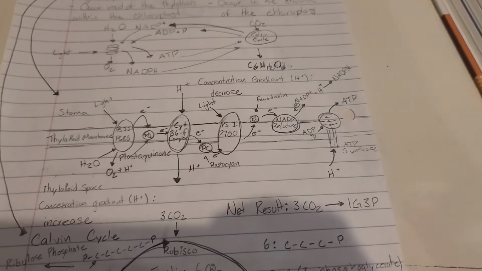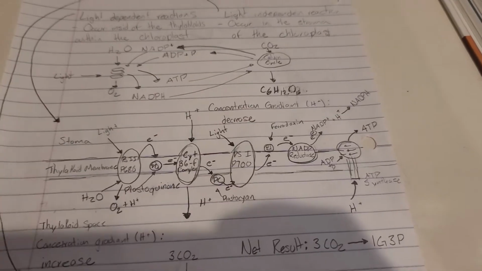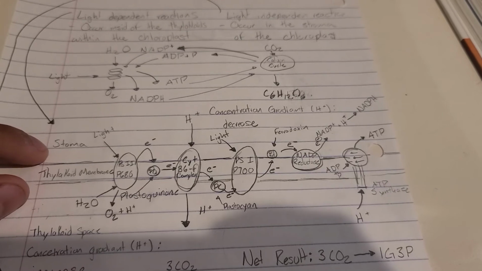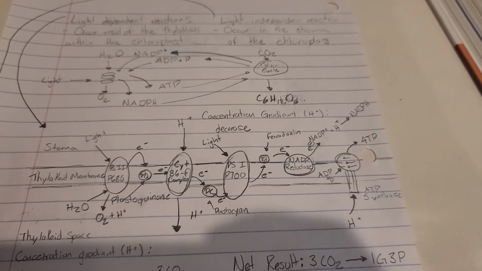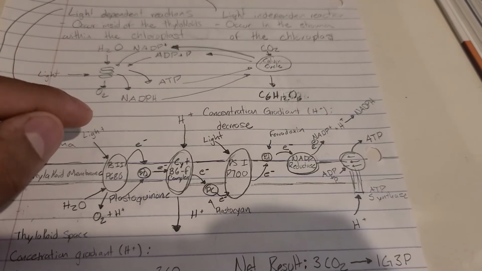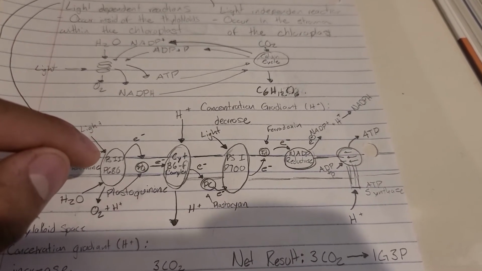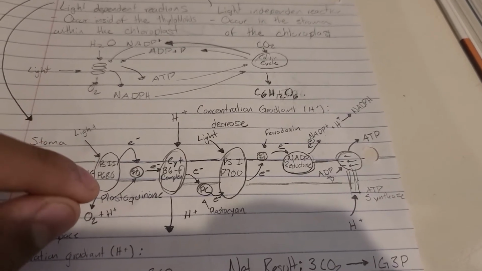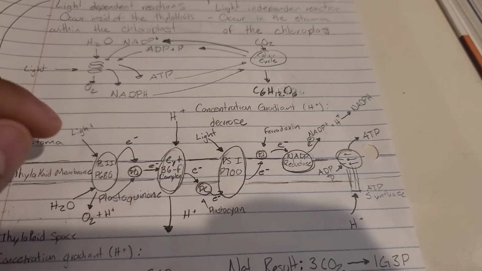Going more into the light dependent reactions, here I drew the thylakoid membrane, and this is a more in-depth process. Light comes and hits photosystem 2, which absorbs light best at wavelength 680.